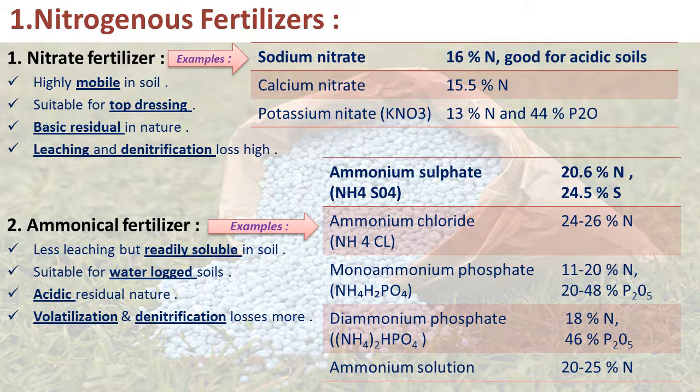Volatilization is the loss of nitrogen in the form of NH3 in alkaline medium. It happens when pH is more than 8. And volatilization actually increases in puddled drainage, for example in rice fields, etc.